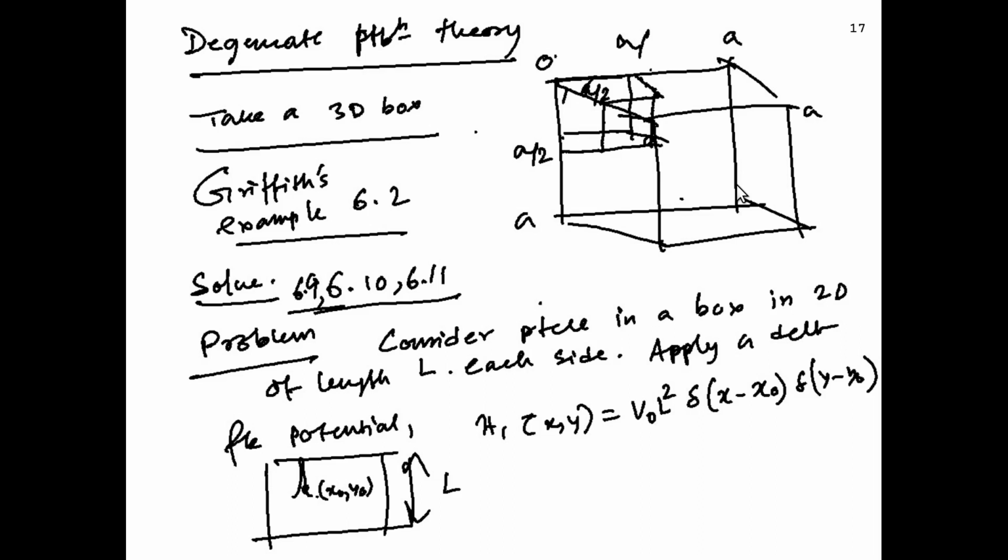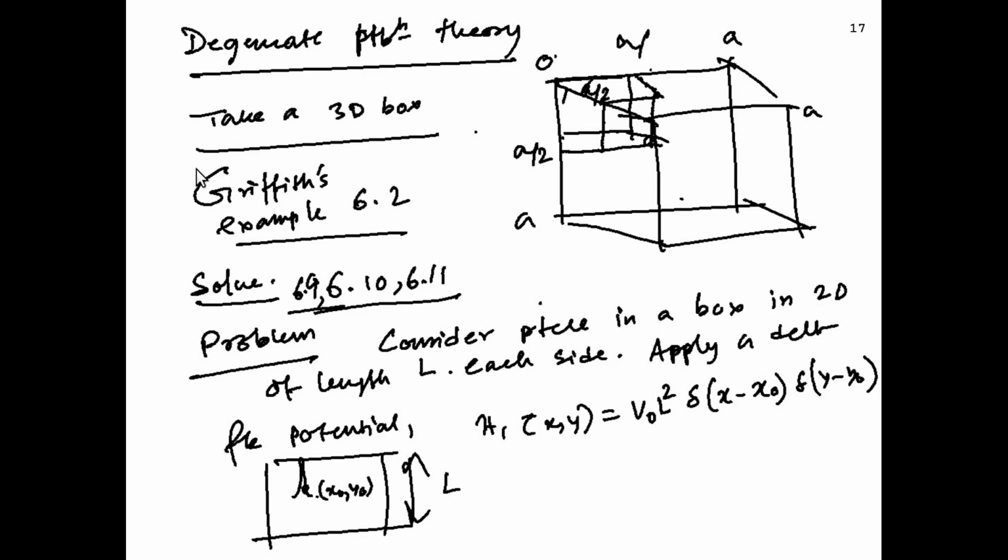So now let's look at some examples of degenerate perturbation theory. The first example is basically a 3D version of the problem you have done, where you put a constant potential in half of the box. It is similar to that. You put a constant potential in half of each direction, so it becomes a quadrant, and you want to solve that. What is the energy correction and all that.